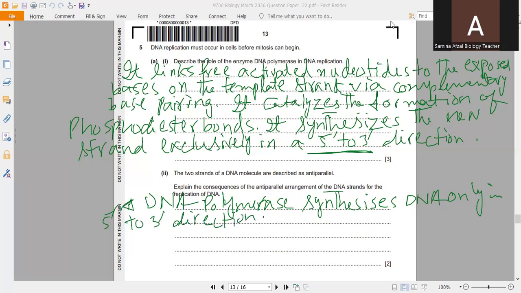And the second point can stand in this way, that is, one strand is made continuously, which is called the leading strand.